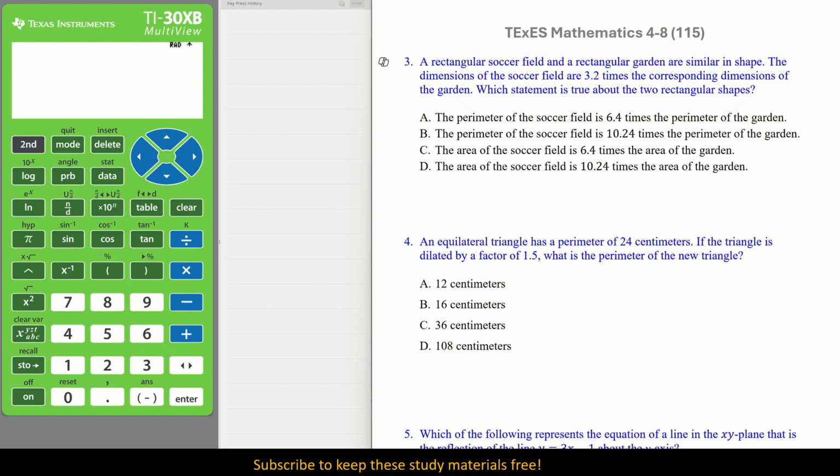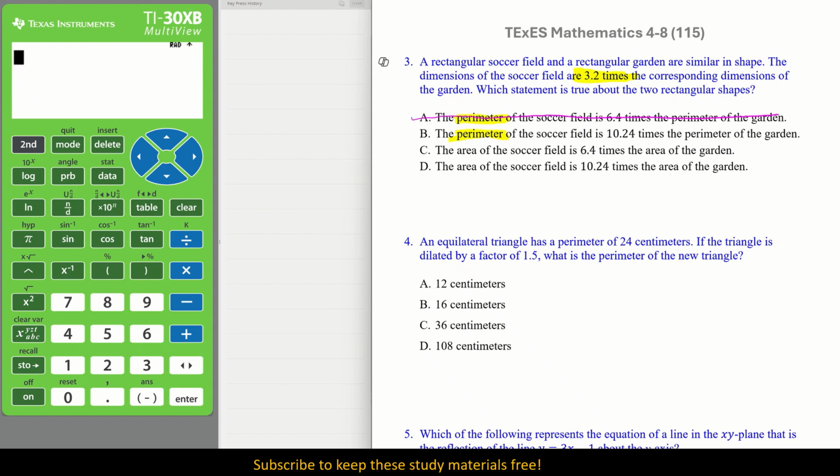Look at A and B. If we are talking about perimeter, that would mean that we would keep 3.2 as is. You would apply it, that means multiply it to the dimensions, because you're going to increase the perimeter only. So look at A and B. That is not what they have done.